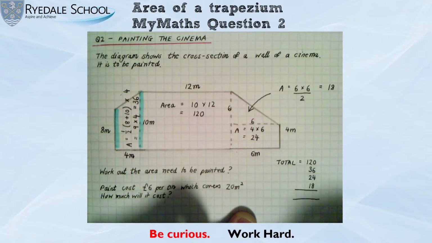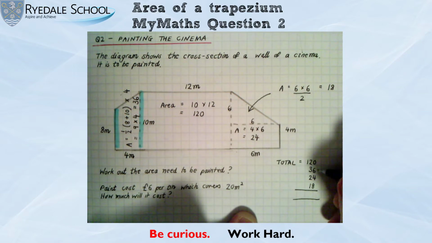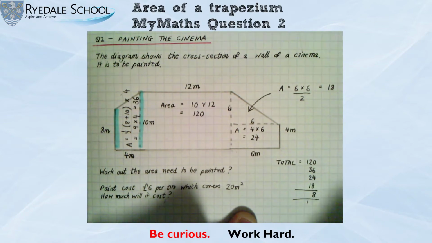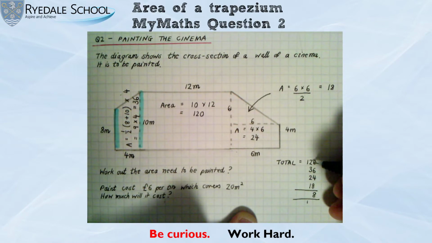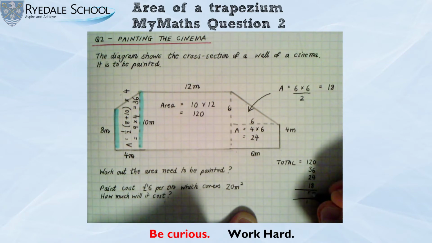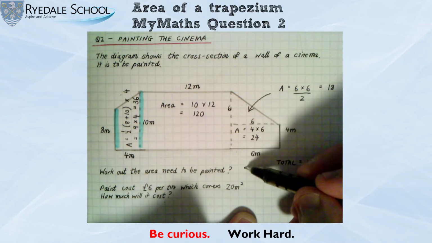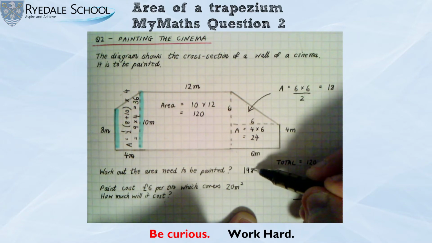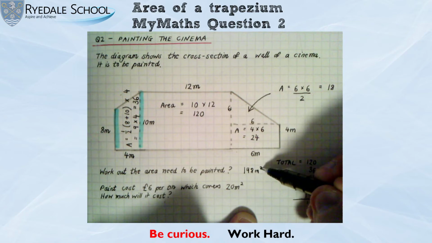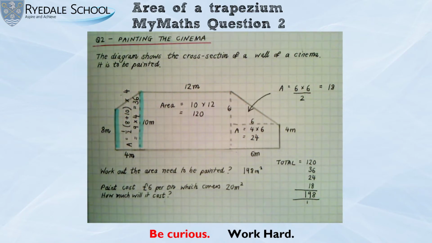If I add that all together, the 6 and the 4 makes 10, and 8 is 18, so I'll carry 1. I now have in my 10s 2, 5, 6, 7, 8, 9. and 100. So it is 198 meters squared.